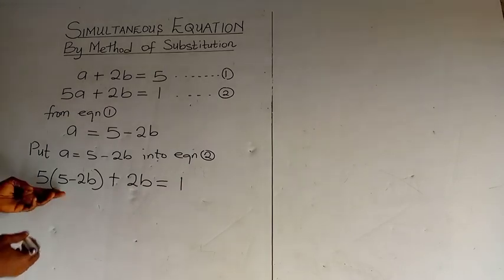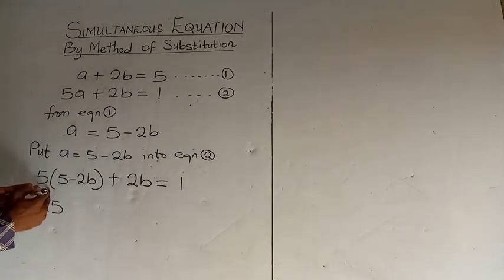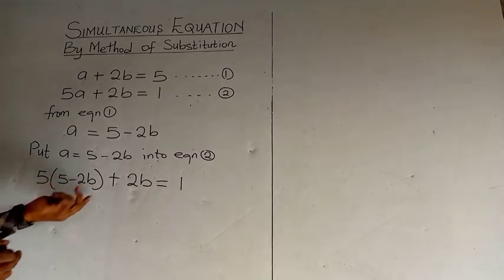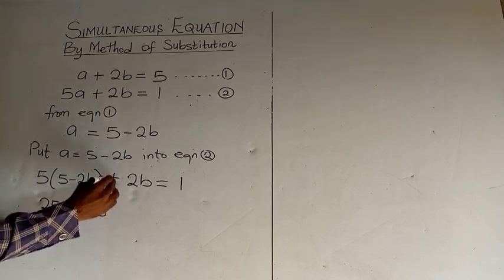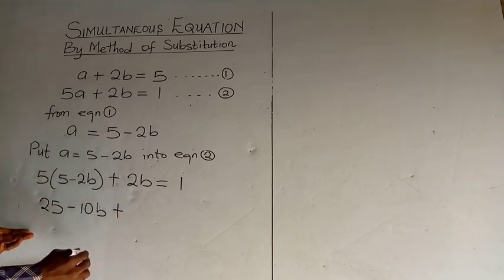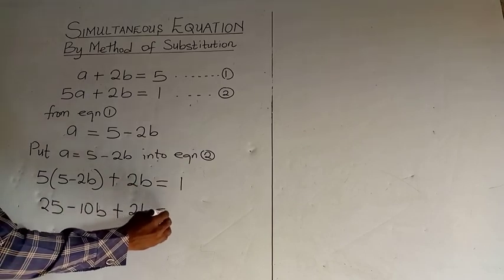So we open the bracket. When we open the bracket, we have 25, because 5 multiplied by 5 is 25. 5 multiplied by minus 2b, we have minus 10b, plus 2b equal to 1.